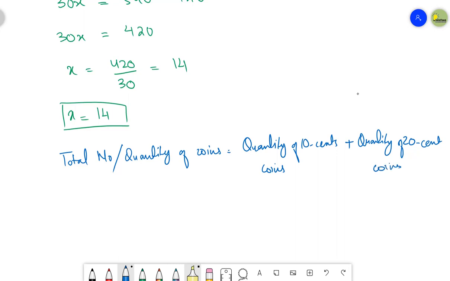Let's add up both quantities. We assumed that the quantity of 10-cent coins was x plus 12, and the quantity of 20-cent coins is x.